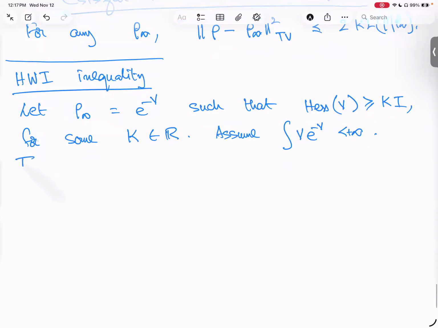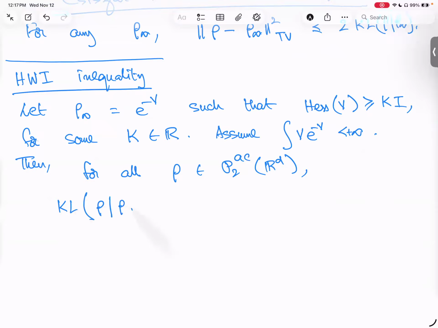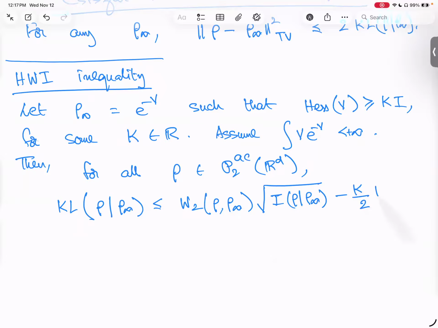Then for all rho in P2, absolutely continuous in R^d, the Kullback-Leibler of rho to rho infinity is bounded above by the W2 distance of rho to rho infinity times the square root of the relative Fisher information of rho to rho infinity, minus k over 2 times W2 squared distance between rho and rho infinity.